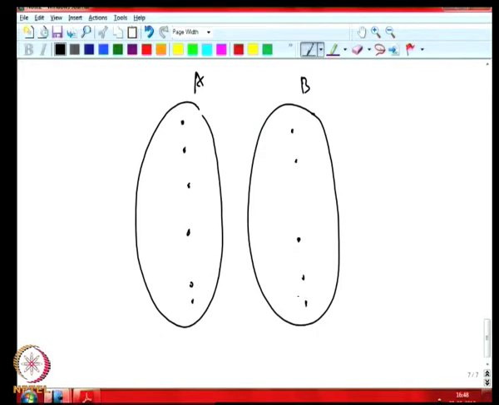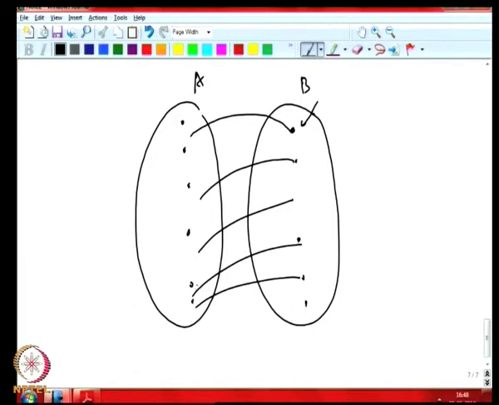When I say onto function, I mean that for each member of B we have a pre-image. This is an onto function from A to B. It is not that there is some element which did not get a pre-image.